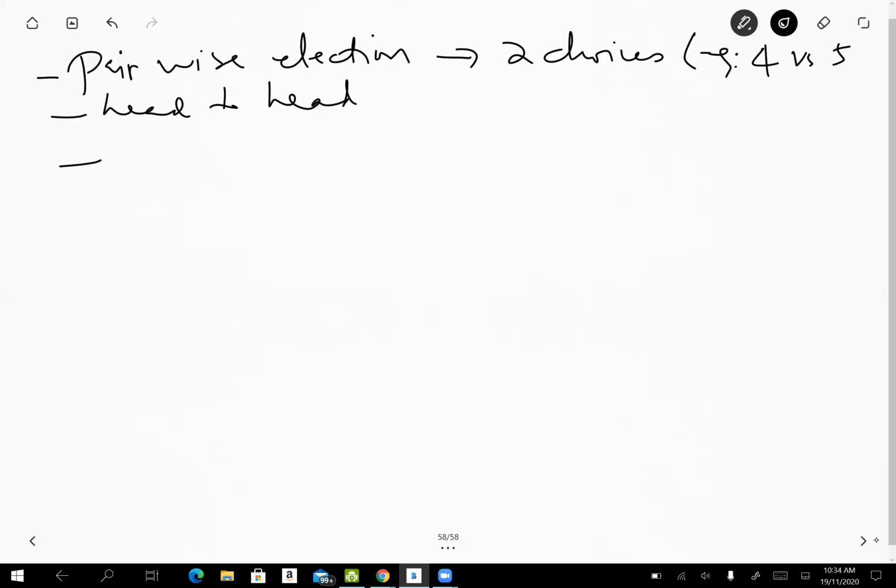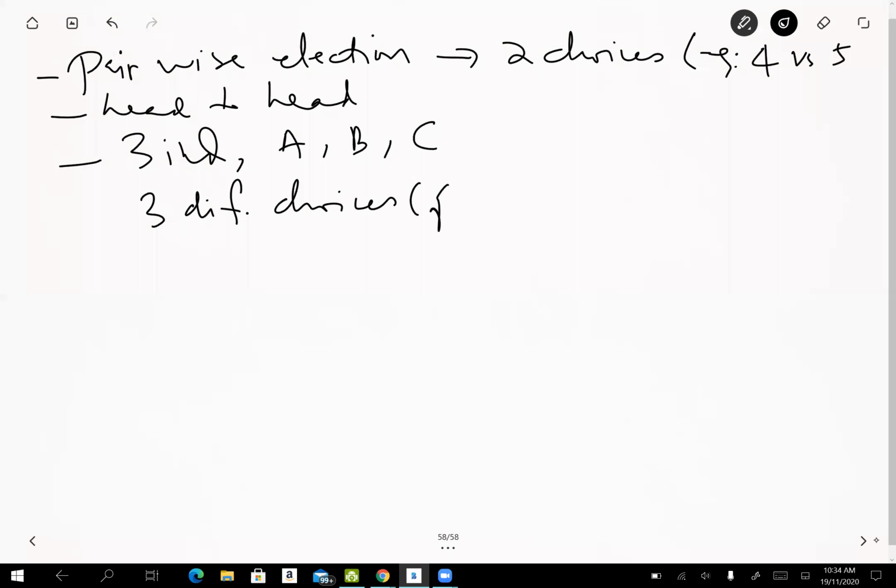Let's consider here 3 individuals, call them A, B, C. And then 3 different choices or quantities. Call it 1, 2, 3, or we can call it 3, 4, 5. But I prepared my notes before with 1, 2, 3.